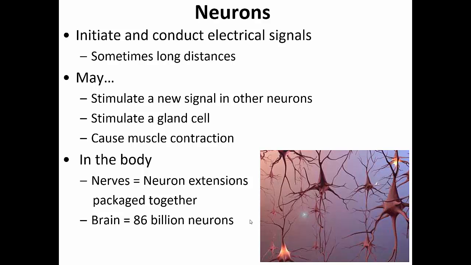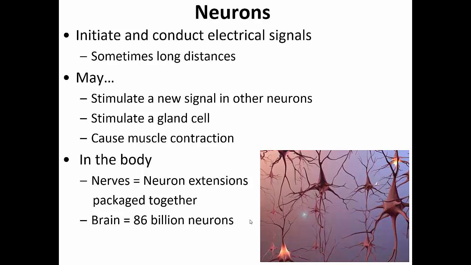We spend just a moment talking about neurons at this point in our class. Neurons actually only do one thing as well, and that is they are able to conduct electrical signals and in some cases initiate those electrical signals, in some cases over long distances.